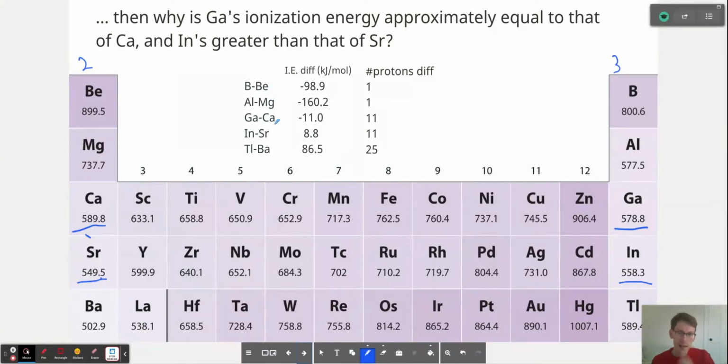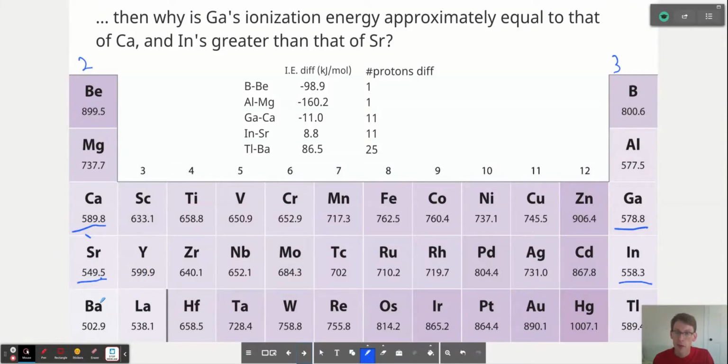Well, what if we get 11 protons in the nucleus that are differentiating between our gallium and our calcium? What if we get 25 protons in the nucleus that are really, really pulling down the energy level of, say, thallium's outermost p electron? Those 25 protons are really, really pulling in the outermost electron for thallium, the p electron.